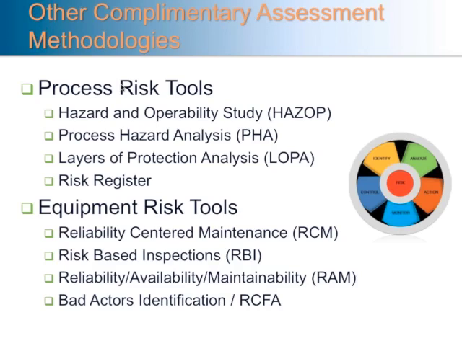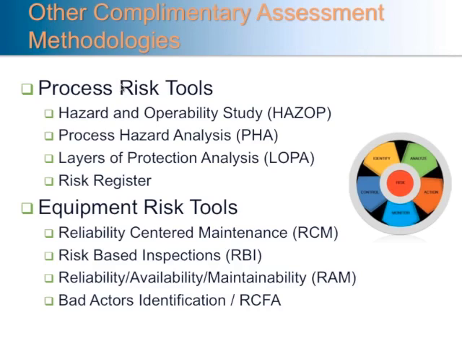First of all, the safety element in the context of process risk, and then equipment reliability in the process of improvement. We've got hazard and operability studies, process hazard analysis, a powerful tool, layers of protection analysis, and a risk register to understand what's in place. It's really the collection of those tools that is going to provide the answer, and they will work at different levels of detail within the overall asset base.